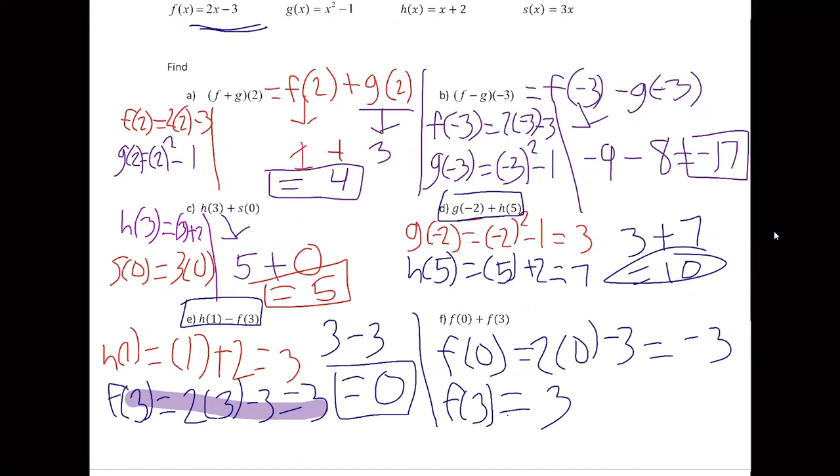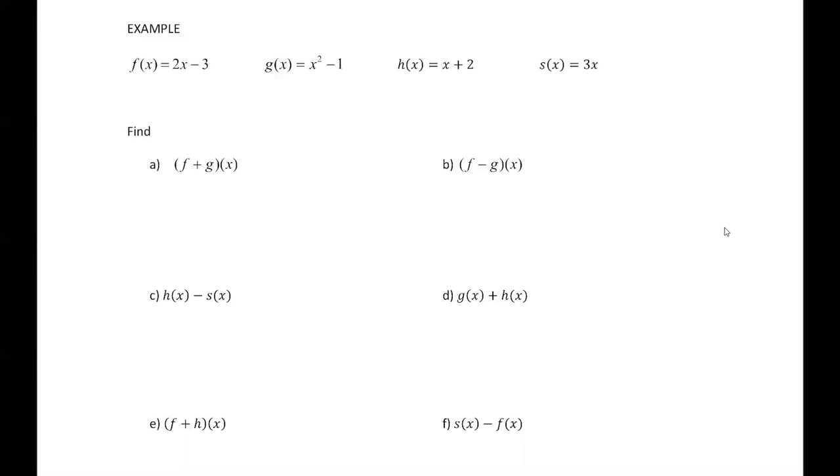You could plug it in again, but -3 plus 3 would also be 0. If you're working these out and you got the same answer twice and thought you were wrong, nope, you're right. This is what it looks like when you're evaluating with a number. This is the first big idea when you're adding or subtracting functions.